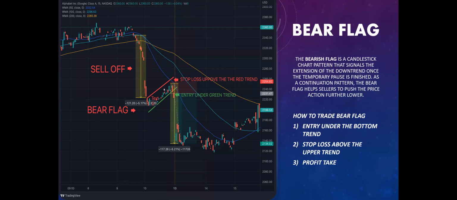No, I'll use the chart. I use the weighted moving averages, 50, 113, and 200. And I use the RSI just to see if there is any hidden bullish or hidden bearish divergence.